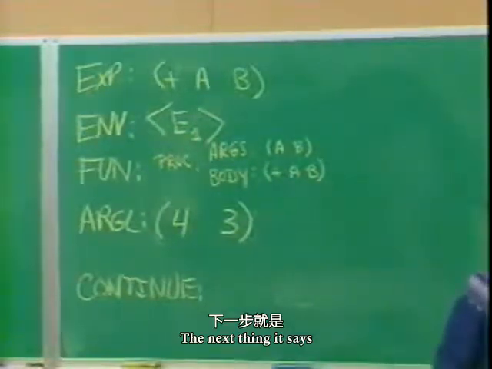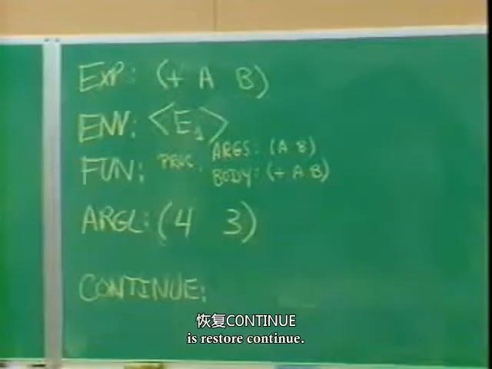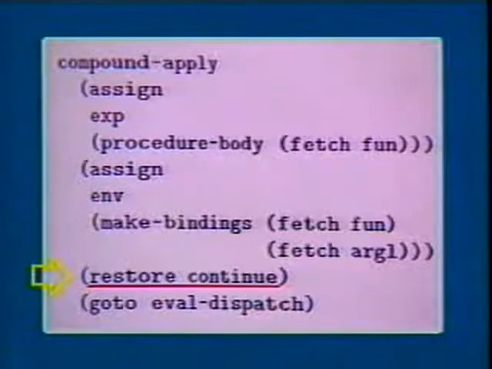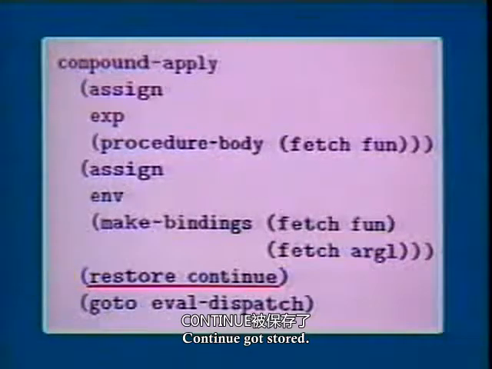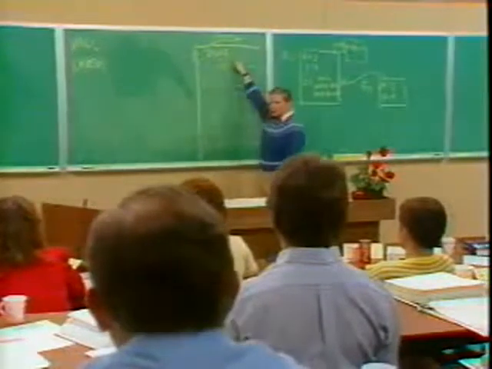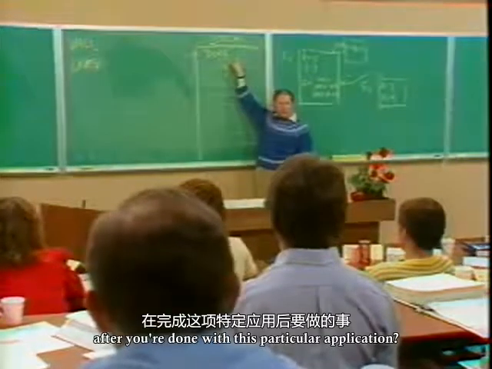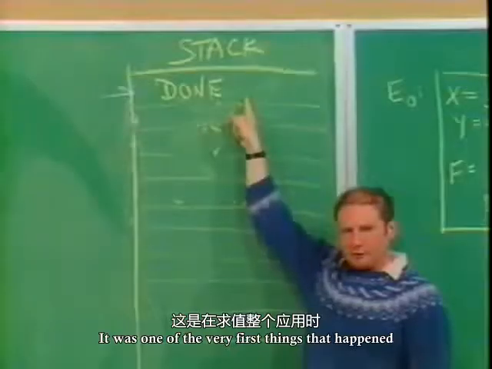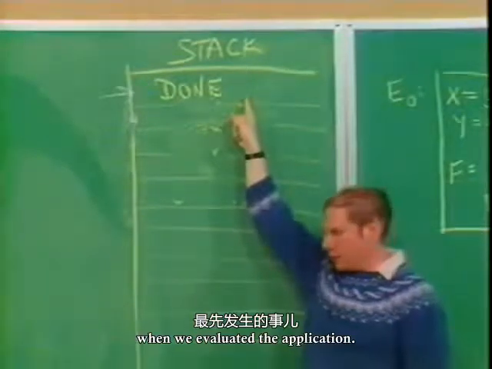The next thing it says is restore continue. Remember what continue was? It got put on the stack earlier. Continue got stored. That was the original done, which said what you're going to do after you're done with this particular application. It's one of the very first things that happened when we evaluated the application.